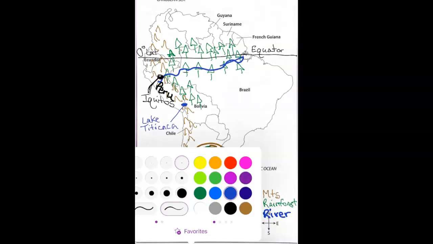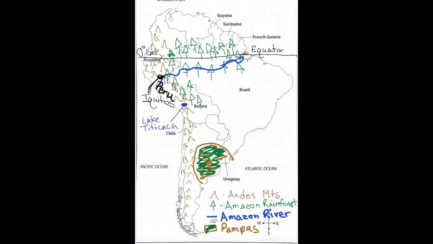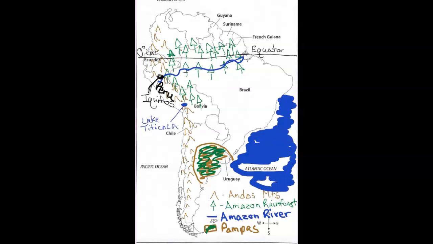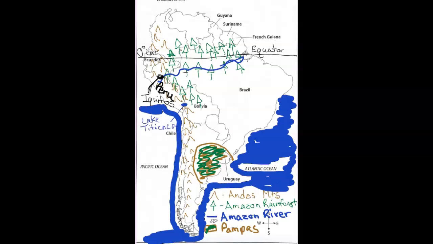I'm going to change my pen thickness and I'm going to shade in because all of this around here is ocean. Now I'm going to try not to go over the words, but this is all ocean, and I'm not going to cover up my key there. Down here at the bottom around is Cape Horn. So I'm just going to kind of outline this. This is all ocean that I'm coloring in.